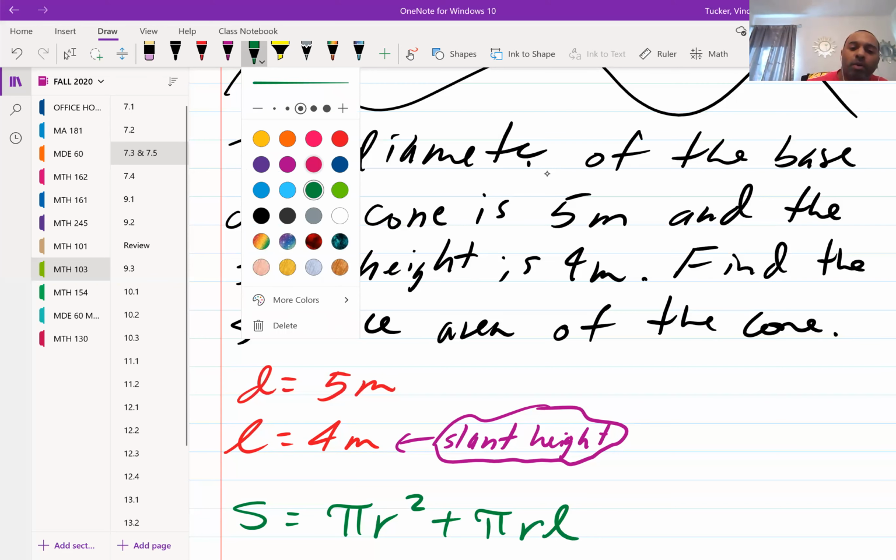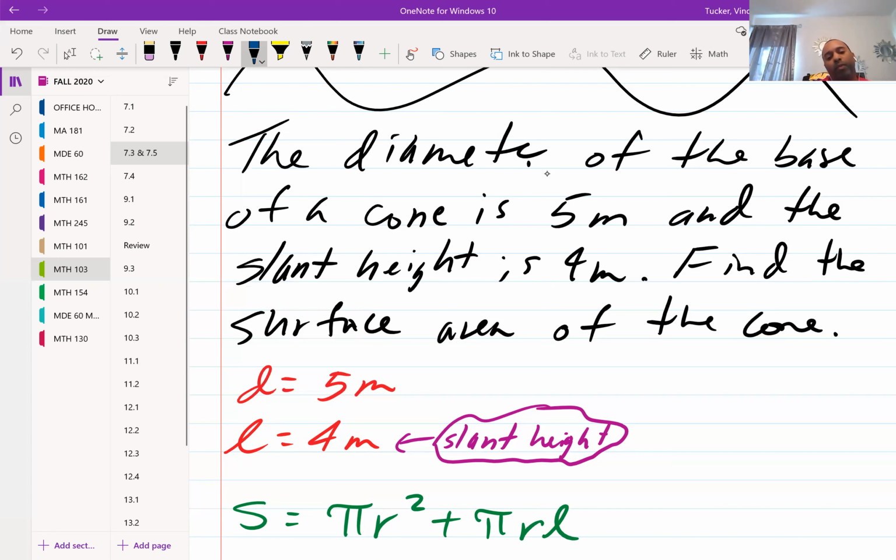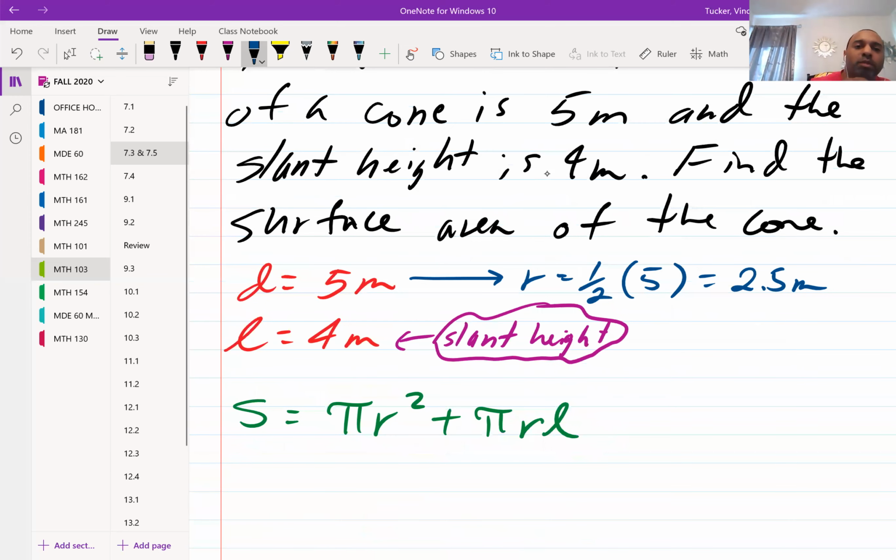All right, notice in the formula for the surface area, we have pi r squared plus pi r L. That means we need to go ahead and take our diameter divided by 2 in order to establish what our radius is. And once we've done that, we just plug it in.